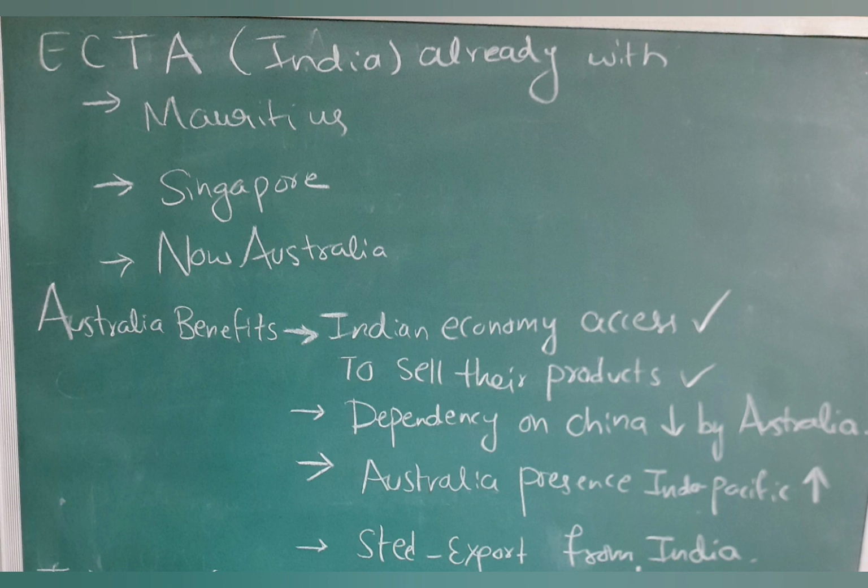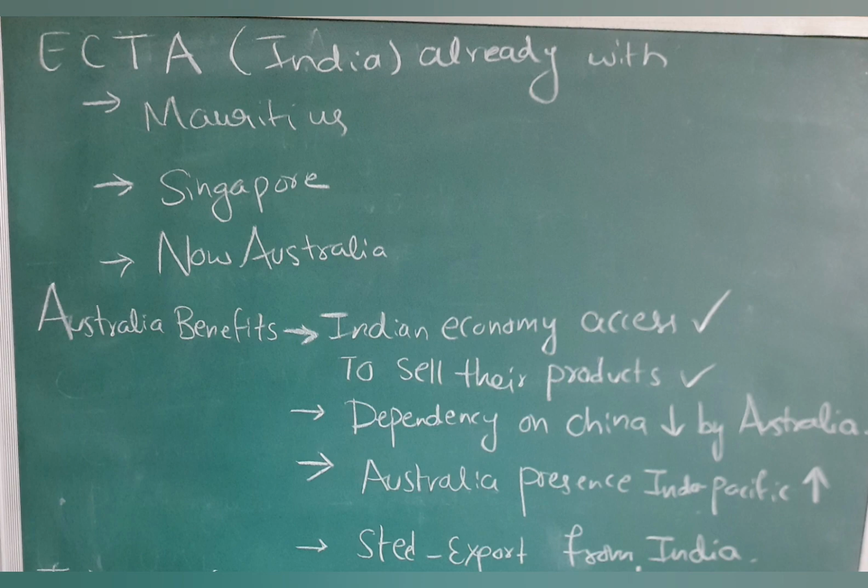So Australia selected India for this agreement. Dependency on China will decrease for Australia, Australia's presence in the Indo-Pacific region will also increase, and steel export from India to Australia also increases. These are the main benefits to Australia by this ECTA agreement.